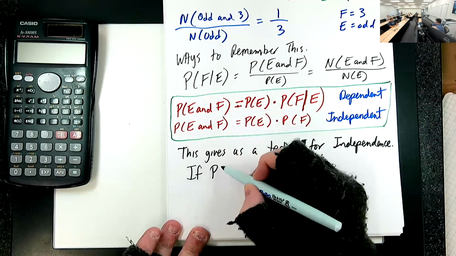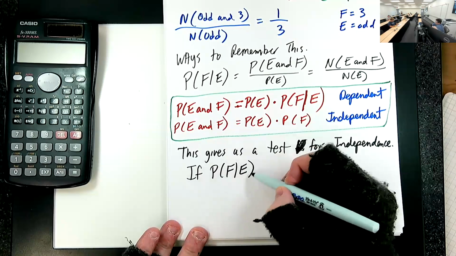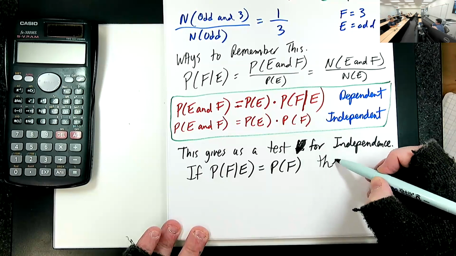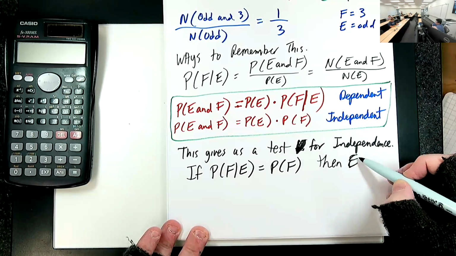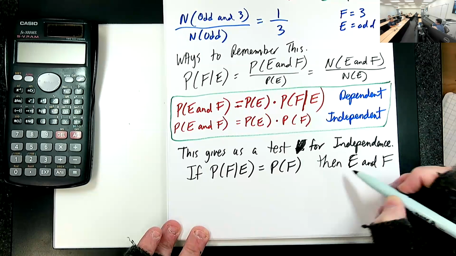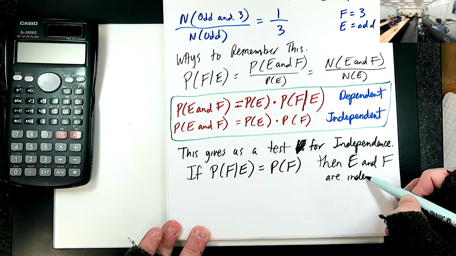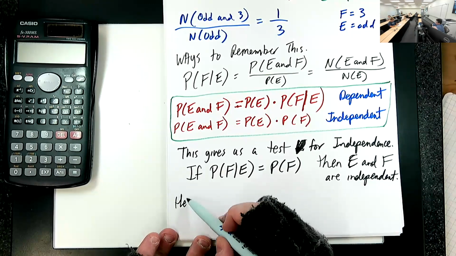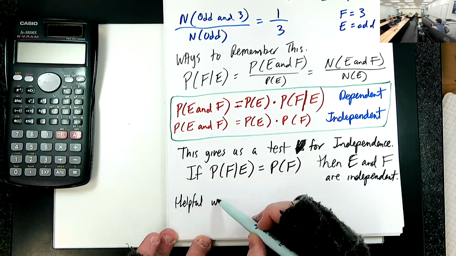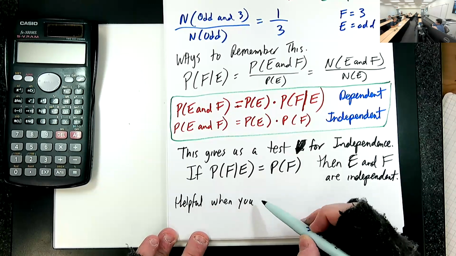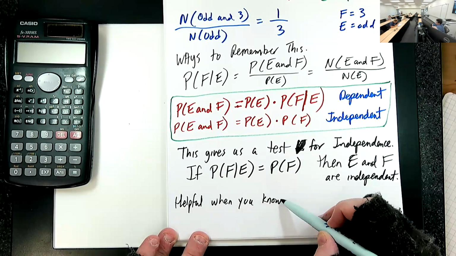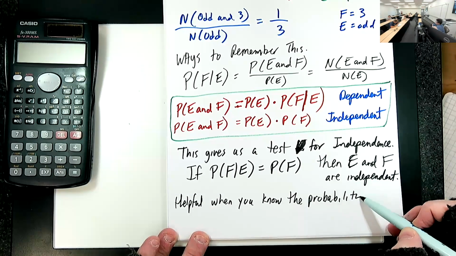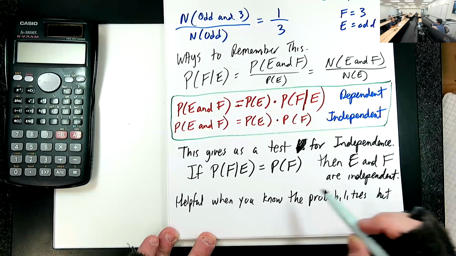If the probability of F given E equals the probability of F, then E and F are independent. This is more helpful when you know the probabilities, but independence isn't obvious.